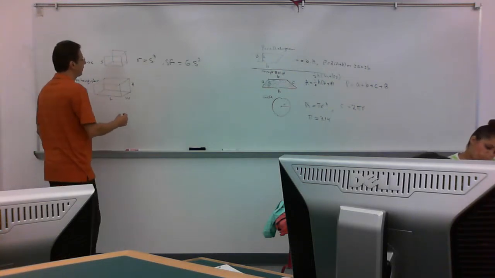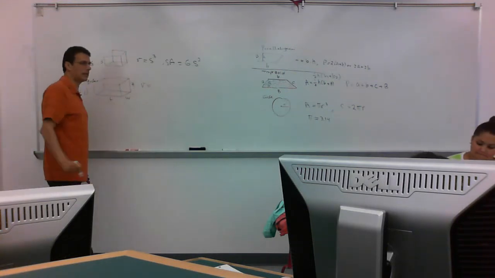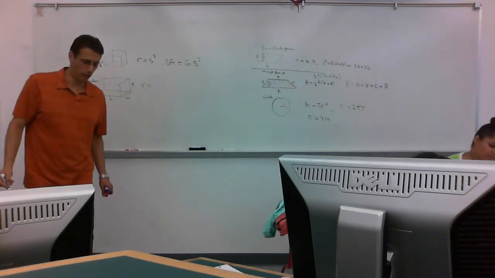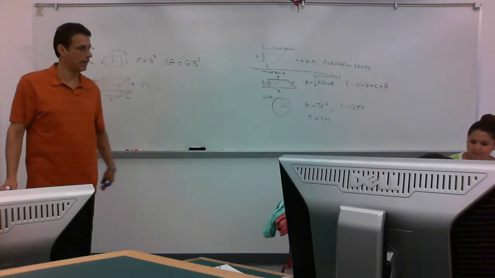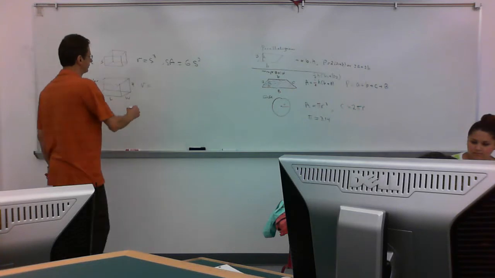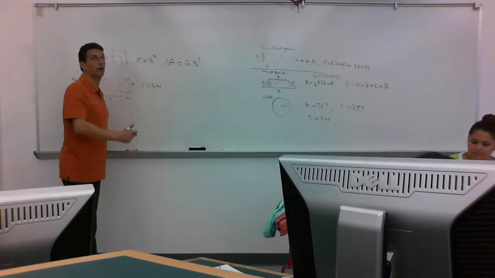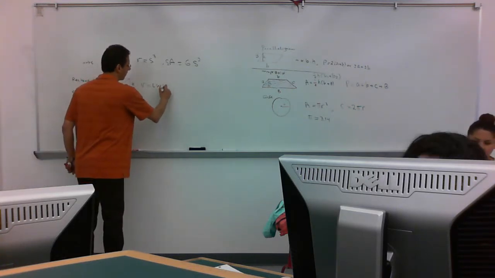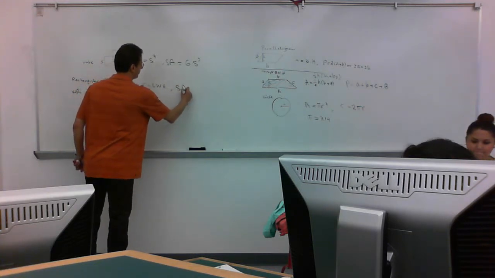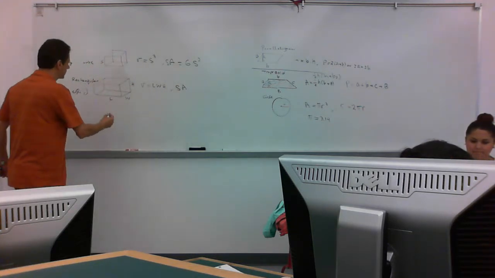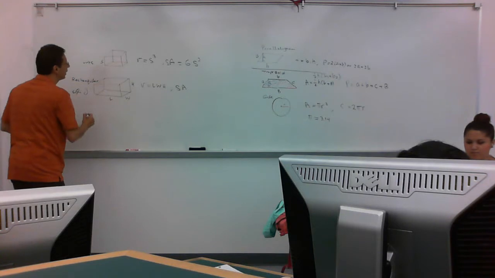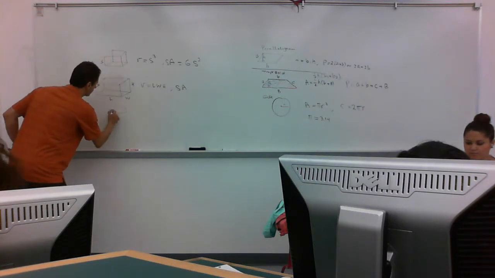Okay. Now, the volume is basically the area of the base, which is length times the width, times the height. And that works the same way for a cube or a cylinder.